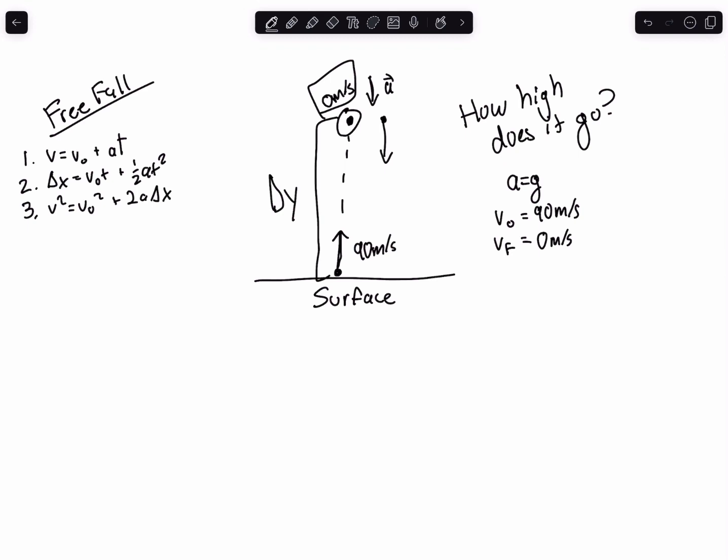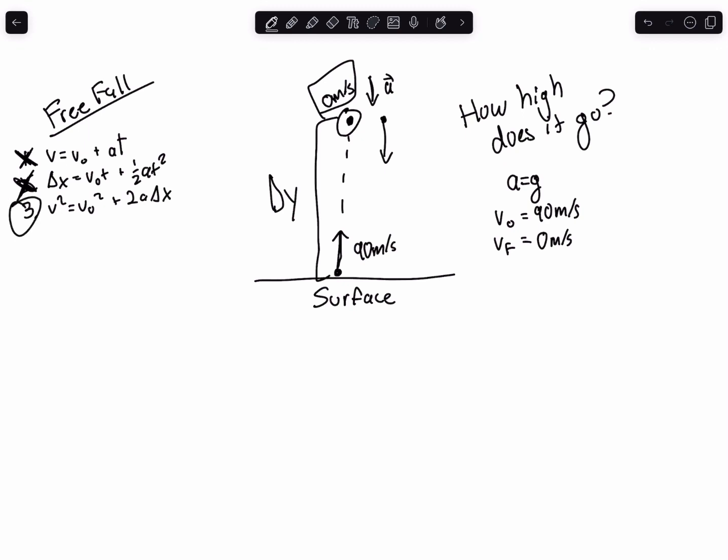So, what equation can we use? Well, there's one variable in these big three equations that we don't have a need for and don't even have, and that's time. So we can get rid of number 1 and number 2, and the only equation that works is number 3, because there's no time.